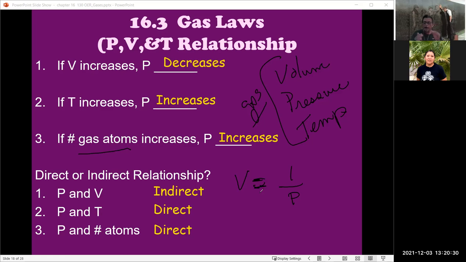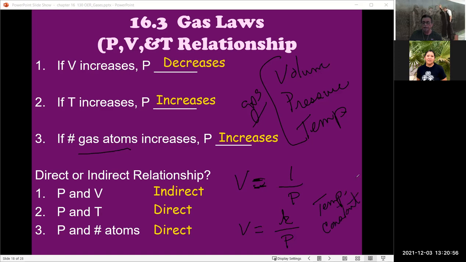Once we have a relationship, we can write it in an equation. Guess what? We can actually take this equation we just wrote and assign to it a constant. Okay. And we have actually created an equation here that relates volume and pressure while we keep temperature constant.